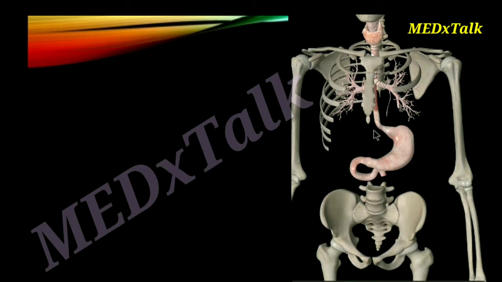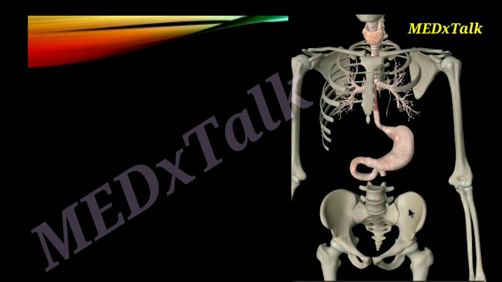The cardiac orifice is joined by the lower end of the esophagus, and the pyloric orifice opens into the first part of the duodenum. Here it is the cardiac orifice, and here it is the duodenal orifice or pyloric orifice.